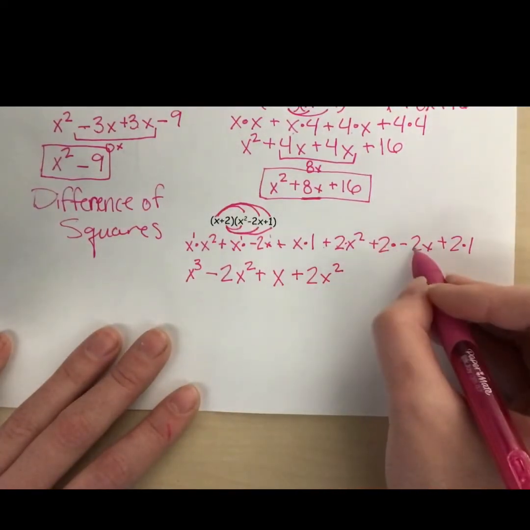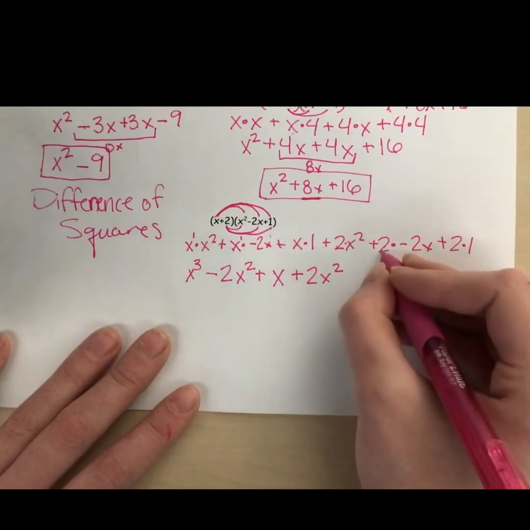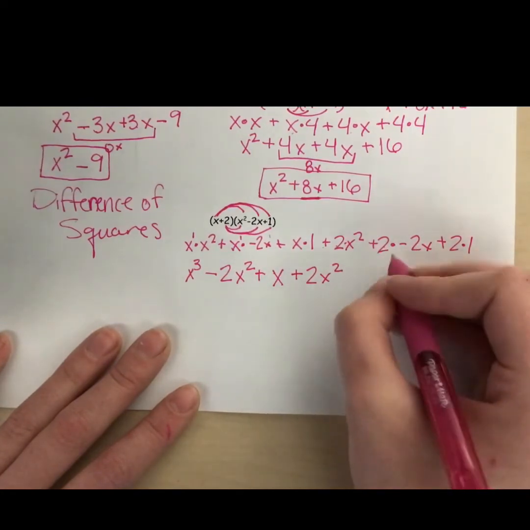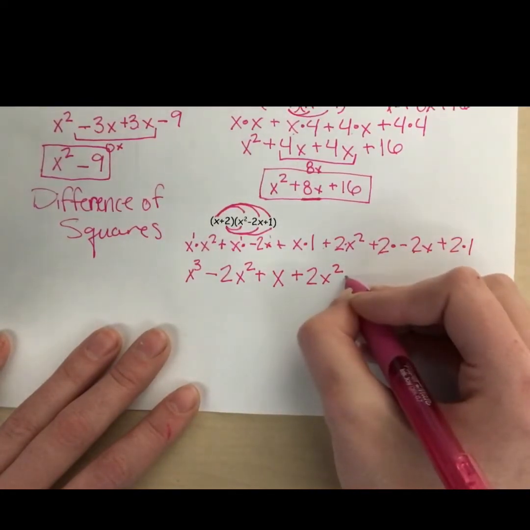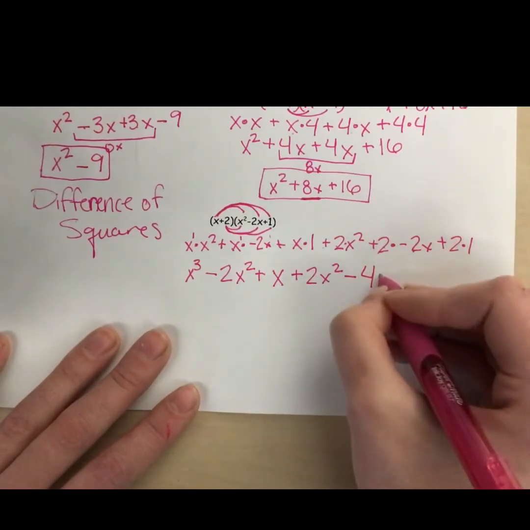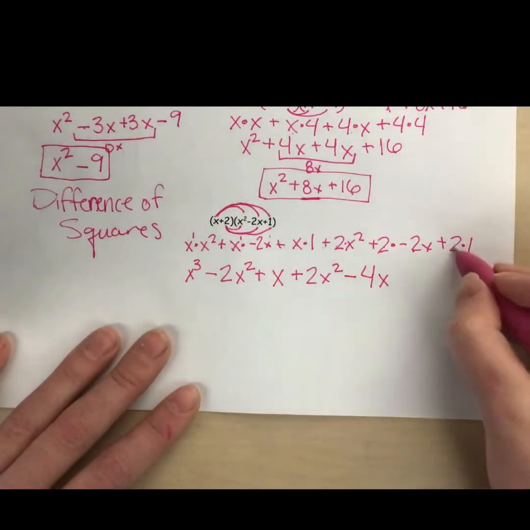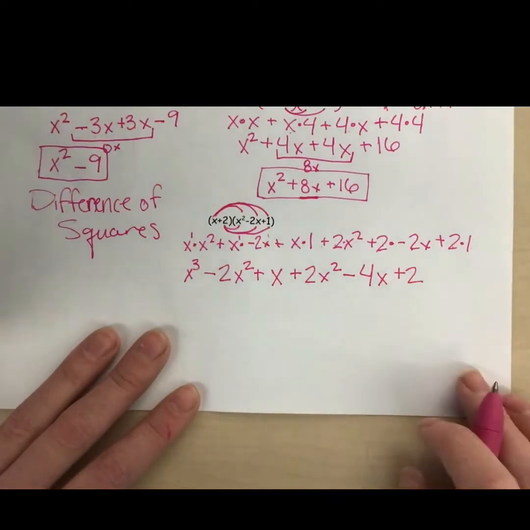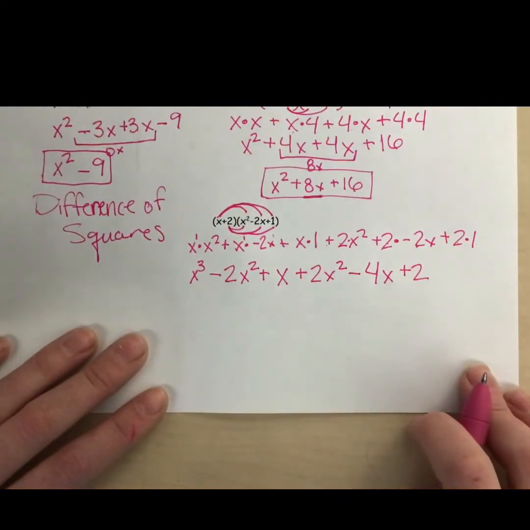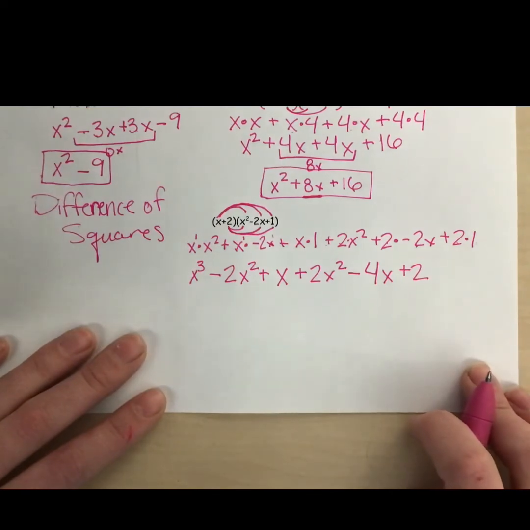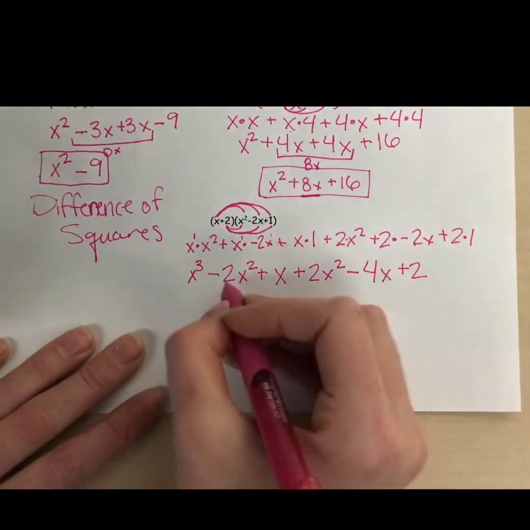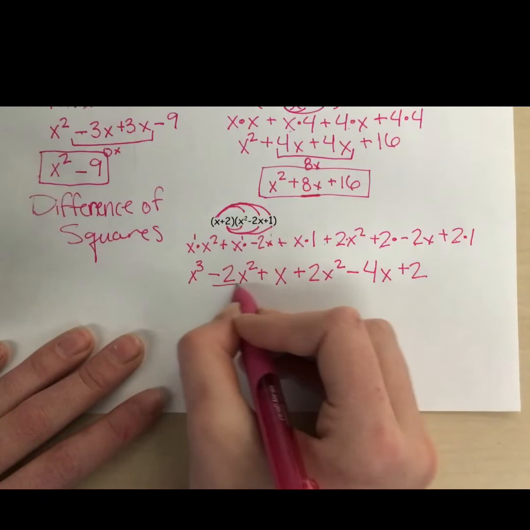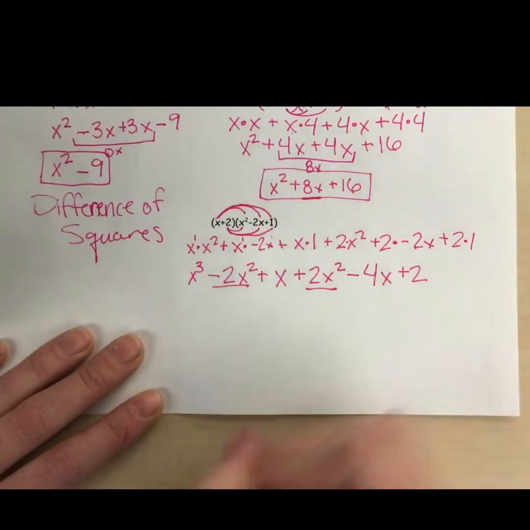Plus 2 times a negative 2x. Well, we multiply those two numbers together. 2 times negative 2 would give me a negative 4, and we still have x. And 2 times 1 is 2. All right, so now I need to combine any like terms that I have. So I notice that I have an x squared here and an x squared here.